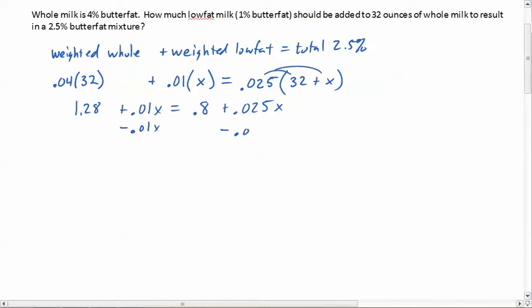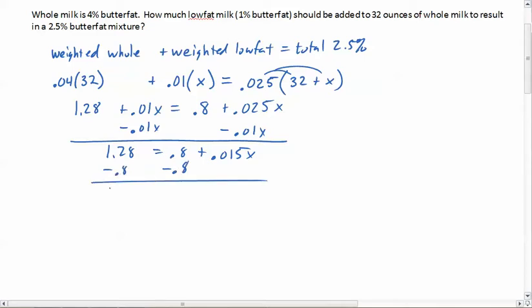So minus 0.01x, which will give us 1.28 equals 0.8 plus 0.015x. We'll subtract 0.8 minus 0.8, and so that will give us, let's see, 0.48 equals 0.015x. Divide by the 0.015.